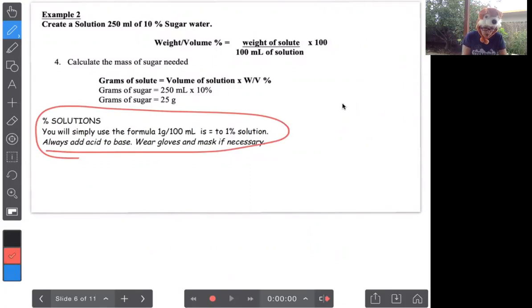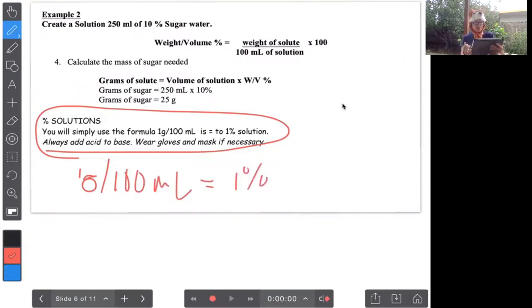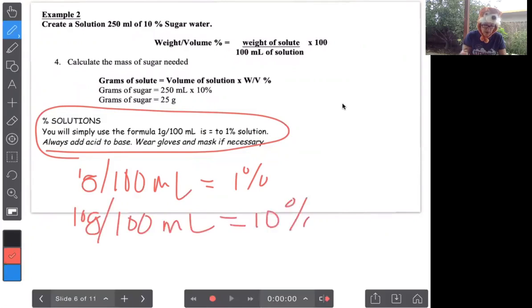Well, if we know 1 gram in 100 ml equals a 1% solution, we know that 10 grams in 100 mils equals 10%. But we want 250 mils of 10%. So we know that one is 10%. What if we just did it again?